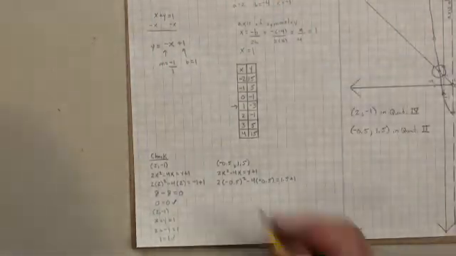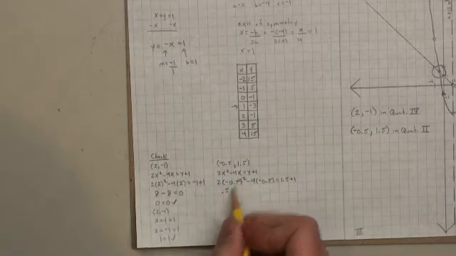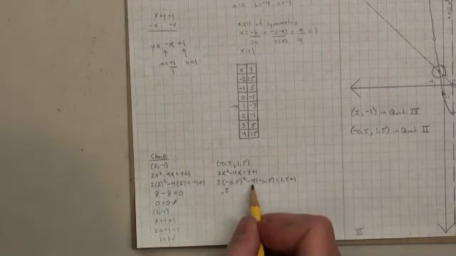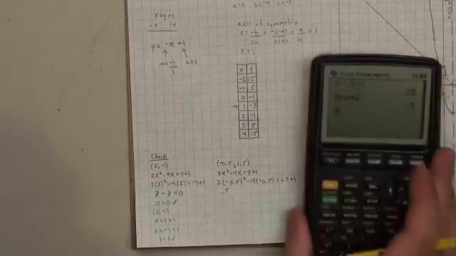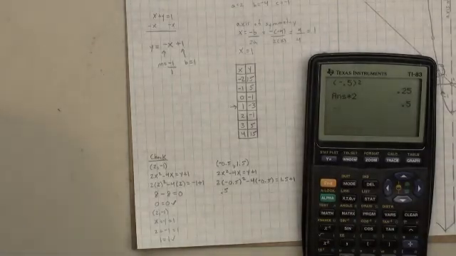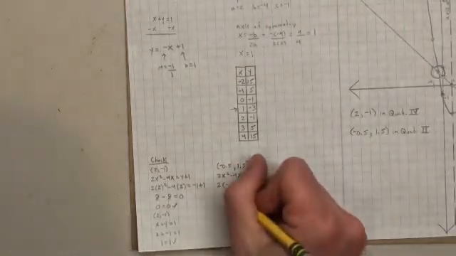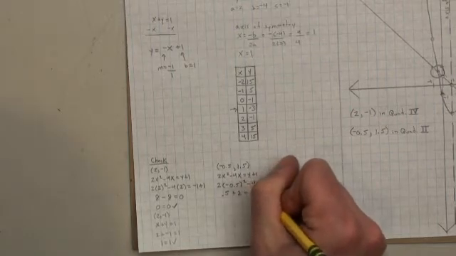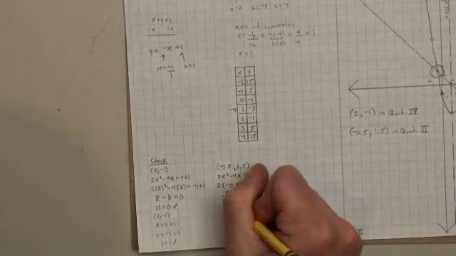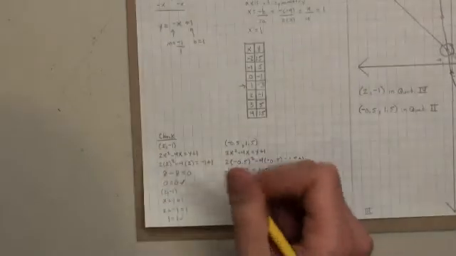It's 0.5. So this whole thing on the left here comes to 0.5, and then we have a minus 4 times a negative 0.5, so that should be a positive 2, but let's just check it. Positive 2. So we have 0.5 plus 2 equals 2.5. 2.5 equals 2.5. So that checks out.